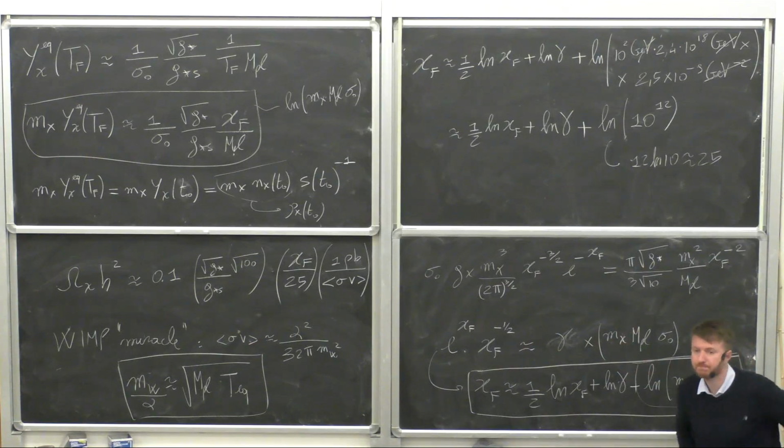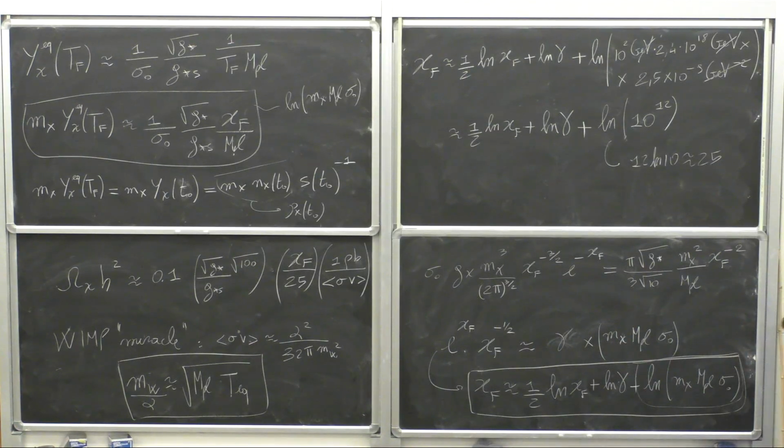Okay. And in the expression, we have a logarithmic dependence on m chi. So if we increase m chi, let's say enormously, we have a logarithmic increase of x_f, but it's a bit counterintuitive, isn't it? Because the higher the m chi, we expect a lower x_f. Sorry, you expect it larger, but remember, x_f is the ratio between mass and temperature.